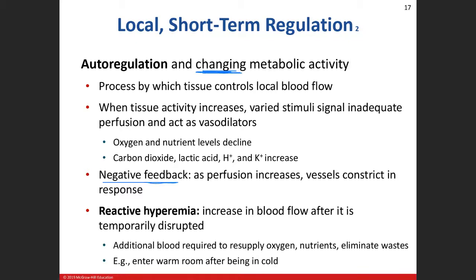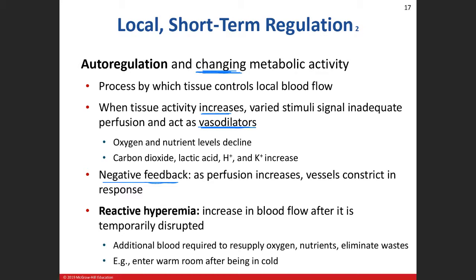So for example, like what we just said, when activity increases, we are going to try to increase perfusion. To do that, we need to have our vasodilators get involved because we want to increase blood flow to that area. Skeletal muscles, again, when you're going to exercise, being chased by that tiger.